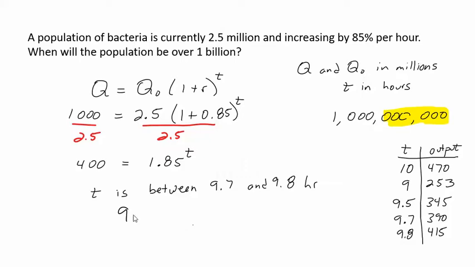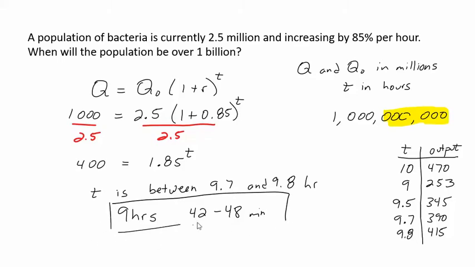So we could narrow this down and say 9 hours and somewhere between 42 to 48 minutes. If we wanted to get more technical, we'd have to try 9.75 and keep going, right? But that's where logarithms really help, is you can get your exact answer. All right, cool. So these are 2 examples of where we have to find the time.